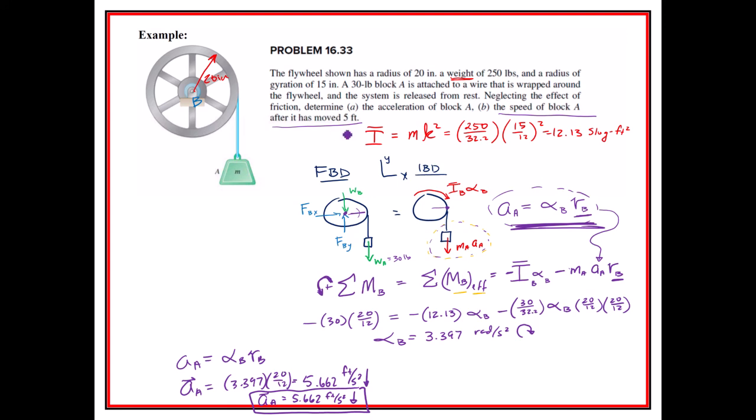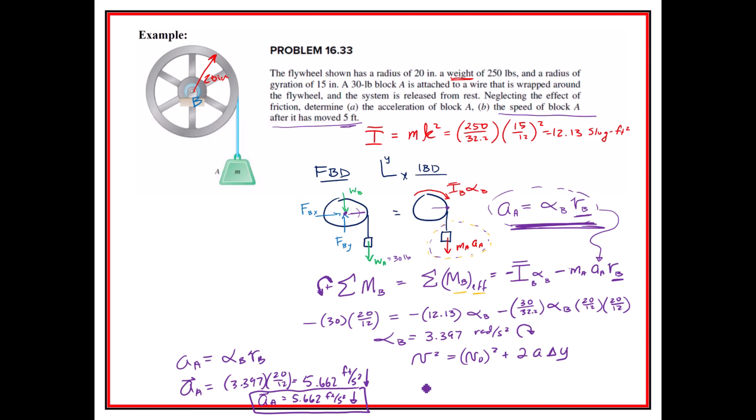And since they give us a distance, we can use V squared is equal to V0 squared plus 2A delta, and I guess these are Y, so we could put a Y on top of all of that.